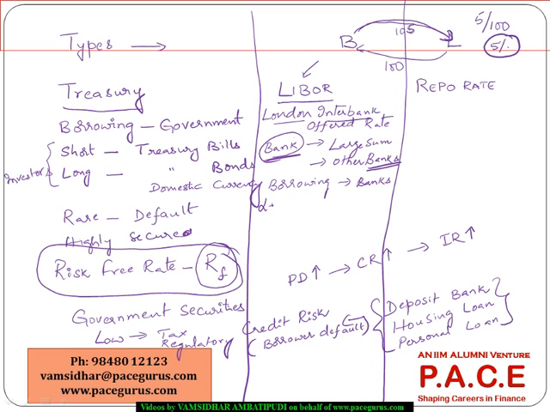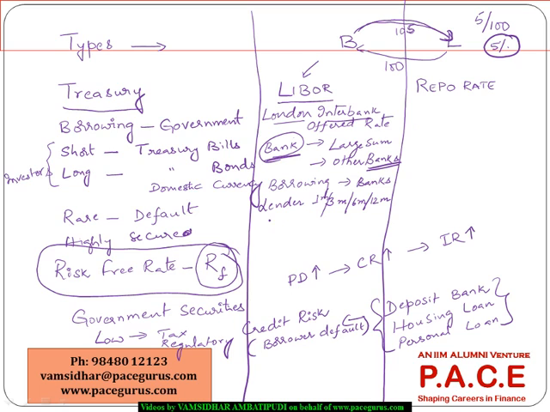The lender bank will quote the interest rate it is expecting if it wants to deposit for 6 months, 3 months, 12 months, even 1 month, different periods up to 1 year. These are called Libor quotes.